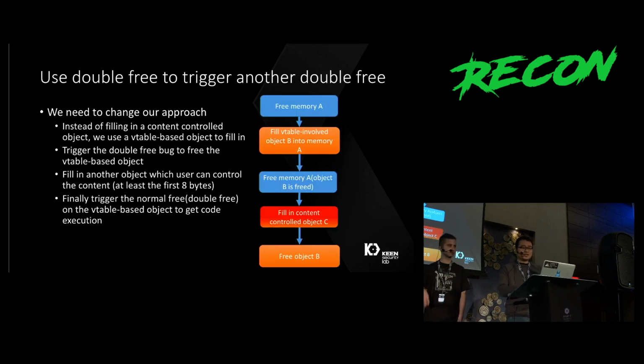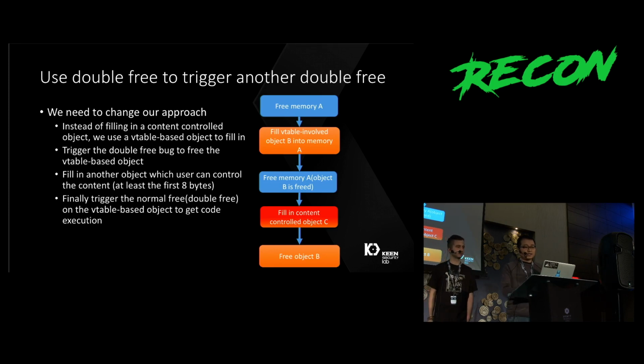The second thought is that we can use a double free to trigger another double free, which makes it more complex. We free the memory A, and then we fill a vtable-involved object, object B, into that memory, and then trigger the double free bug again.